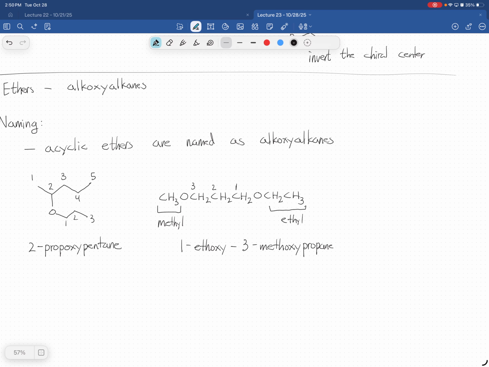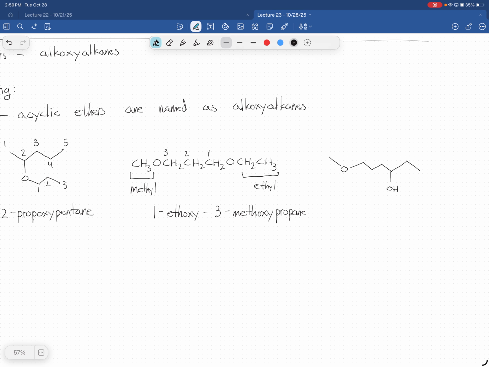Let's just do one more. This will be really quick. Sorry, guys. So, what if we have an alcohol in there? How does that change things? What would the parent name be in this case if there's an alcohol? Is this still an alkane?